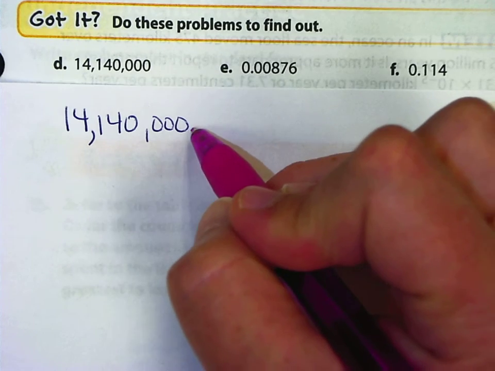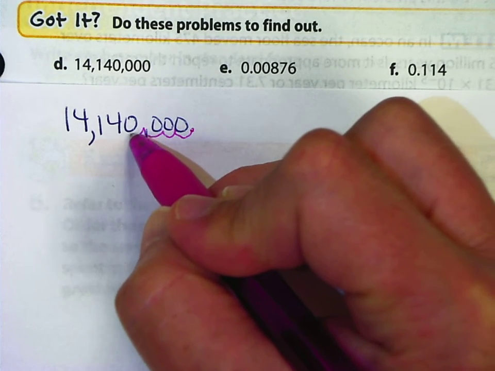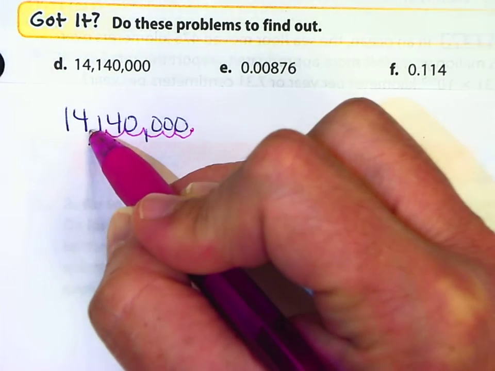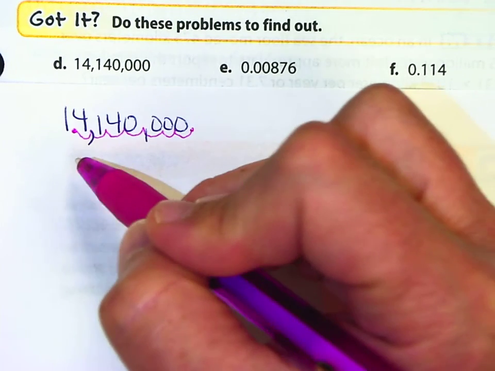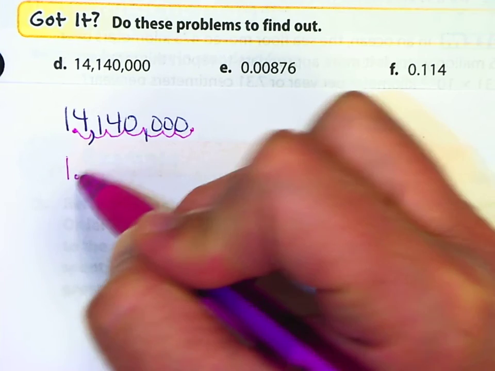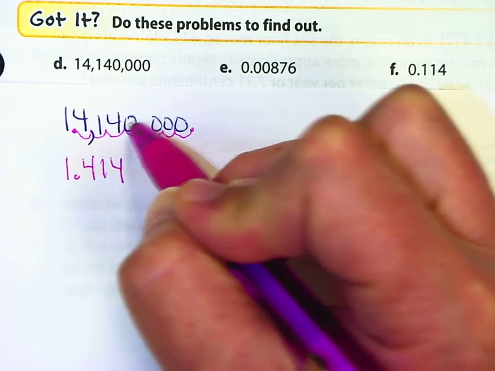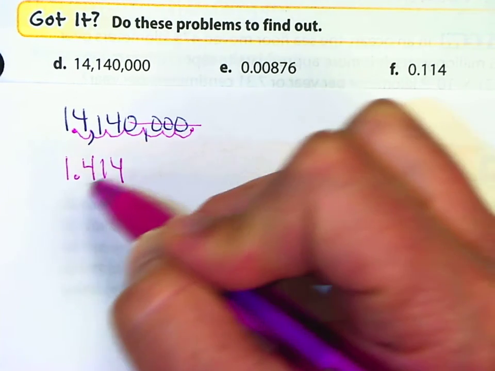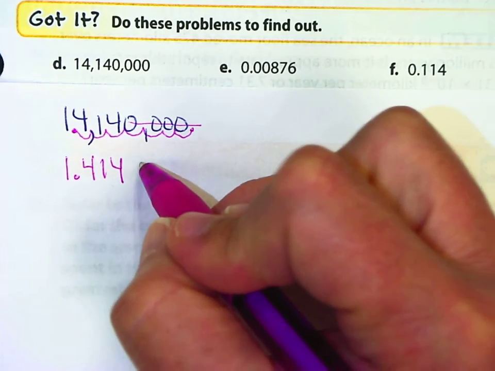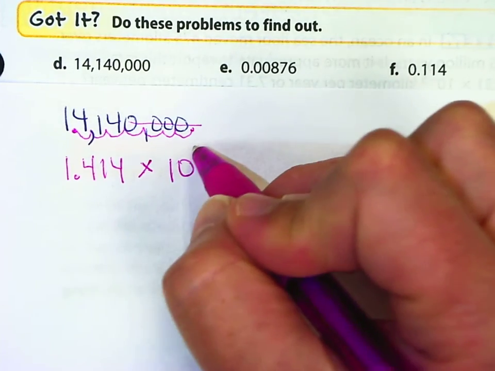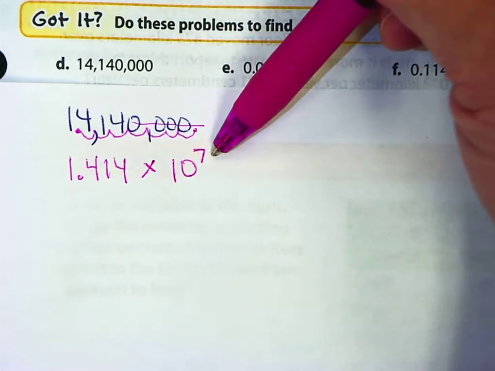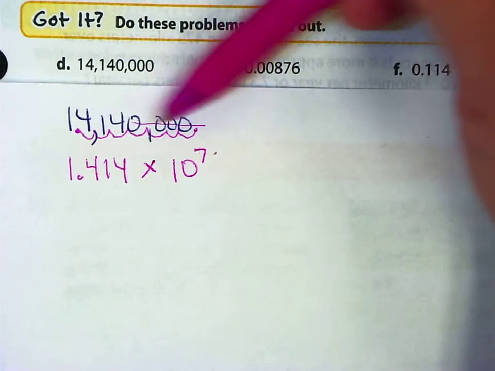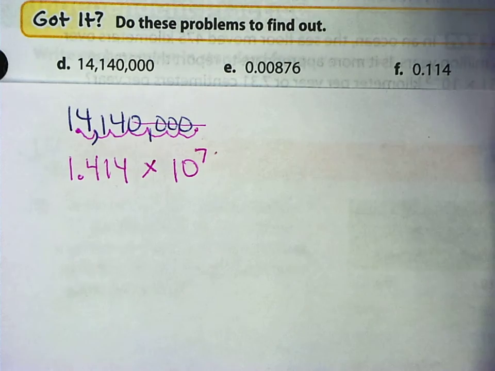Let's count. 1, 2, 3, 4, 5, 6, 7. Let's stop it right there. If I stop it right there, 1.414, I don't need the zeros at the end, and this number's between 1 and 10. So then I'm going to write times 10 to the 7th because I moved the decimal 7 times. And it's a positive 7 because I started off with a number more than 1.